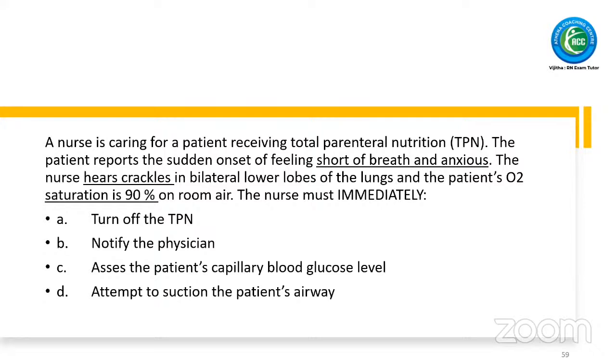Usually, when a patient is receiving TPN, there may be chances of hyperglycemia, but when you stop it, it causes hypoglycemia. When a patient develops circulatory overload, we reduce the flow rate and almost stop it. Without stopping, the symptoms are not going to improve, so stopping is definitely important.